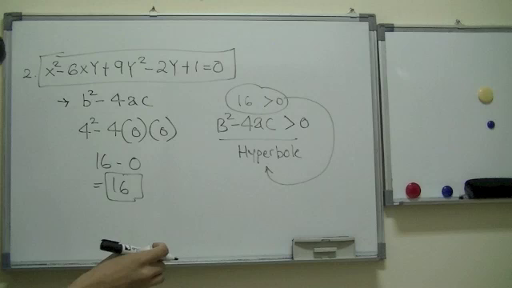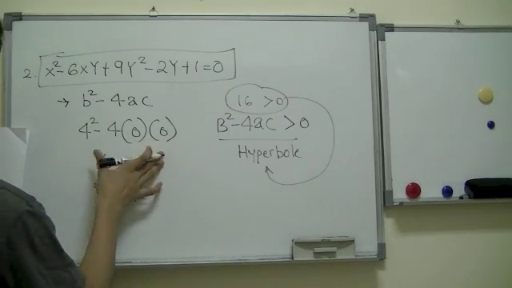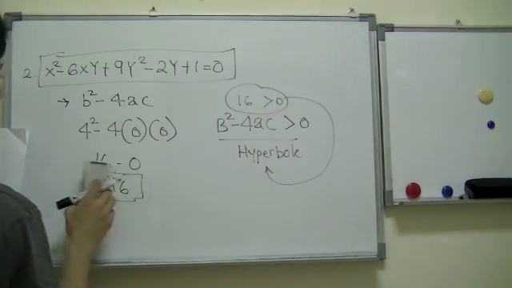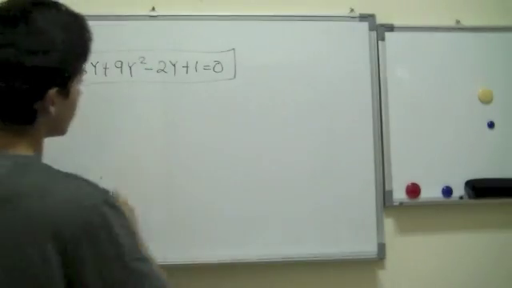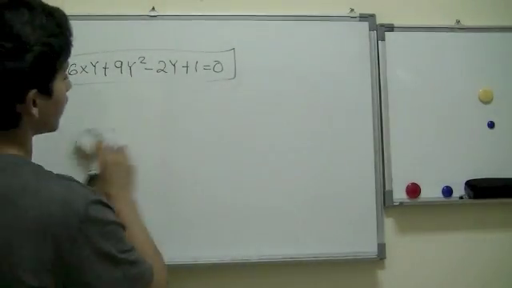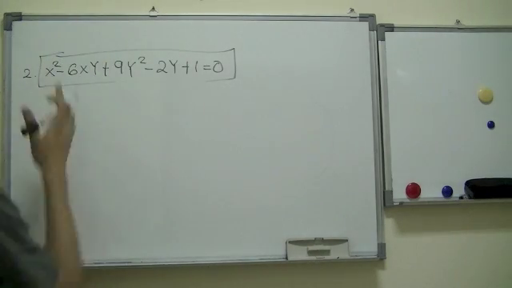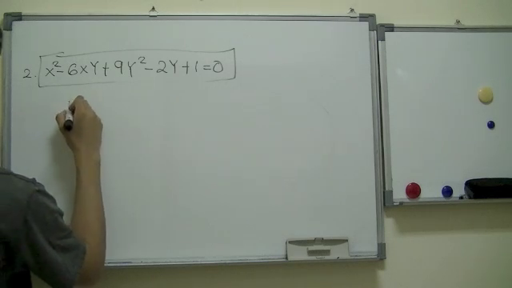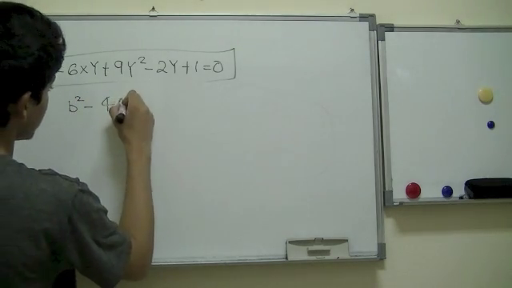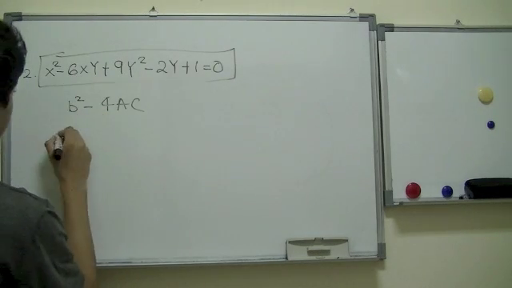Okay, let's go ahead and solve one more equation. For this one, I'm confusing a lot of things here. What I just did was the equation of the first one, but by mistake I erased it. Now the second one would be b squared minus 4ac. Okay, and b would be minus 6.